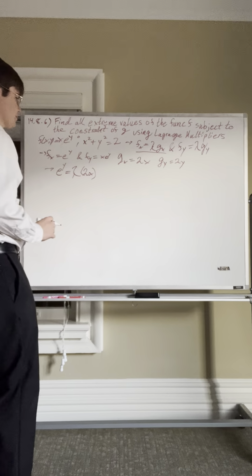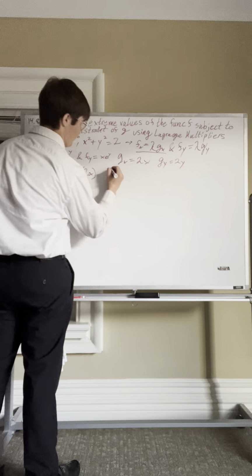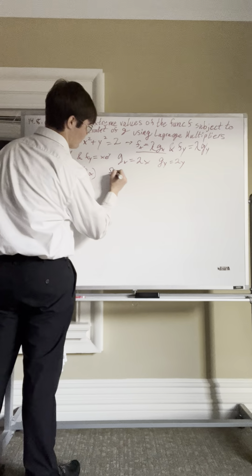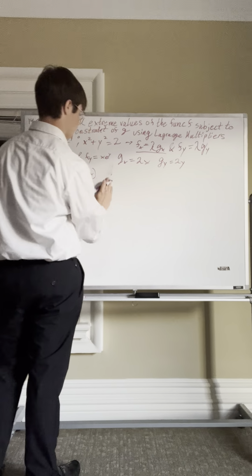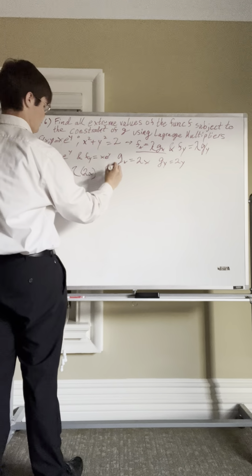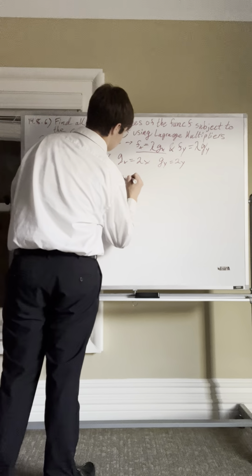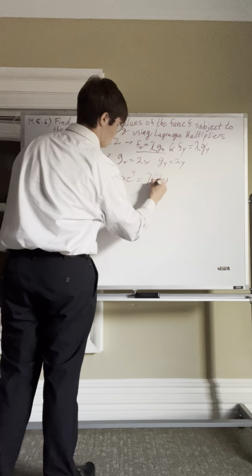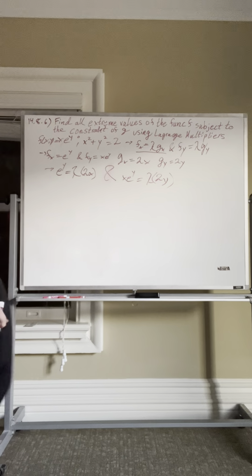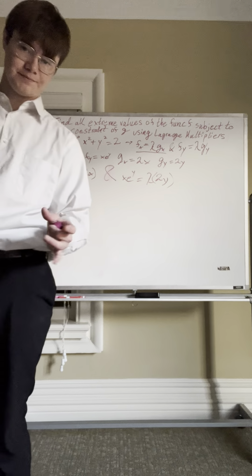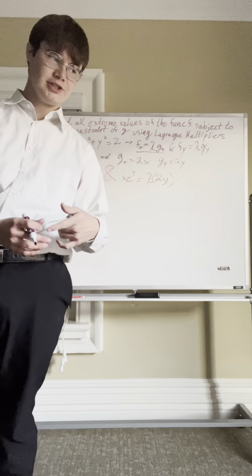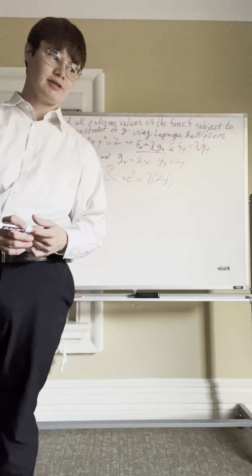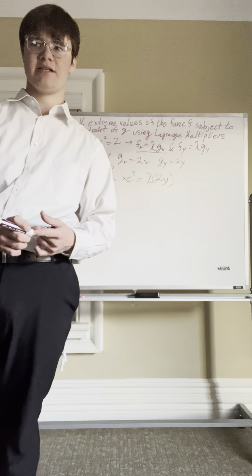Let's see if we can get through it. Then we have f of y, which is x e to the y, equals lambda times 2y. Now we're going to go ahead and solve for lambda. And then I'm pretty sure after we solve for lambda, we'll plug it into some equation of some sort. I'll get back to you right now.